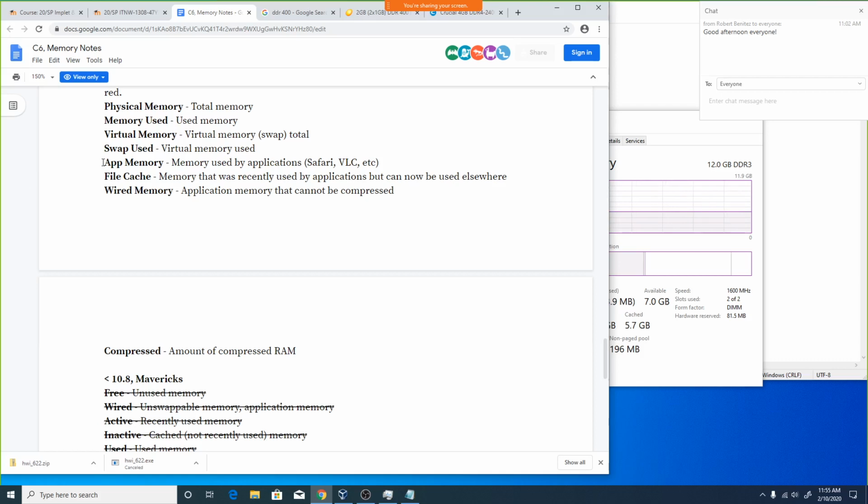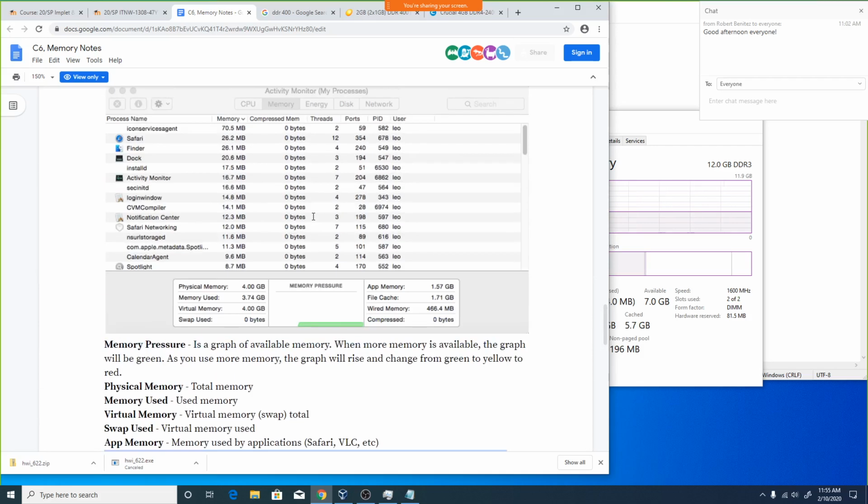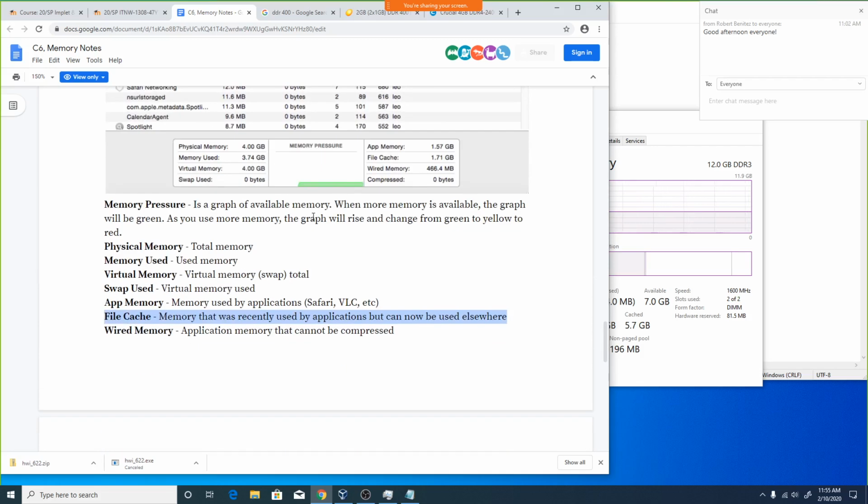So anyway, file cache. So file cache is basically memory that is used but is ready to be dumped out at a moment's notice, right? So if, like Pac-Man, I was talking about Pac-Man, closing Pac-Man. It's still wired up. Yeah, file cache. That's what that's about. Then wired memory is memory that cannot be compressed, which means it's in active use.